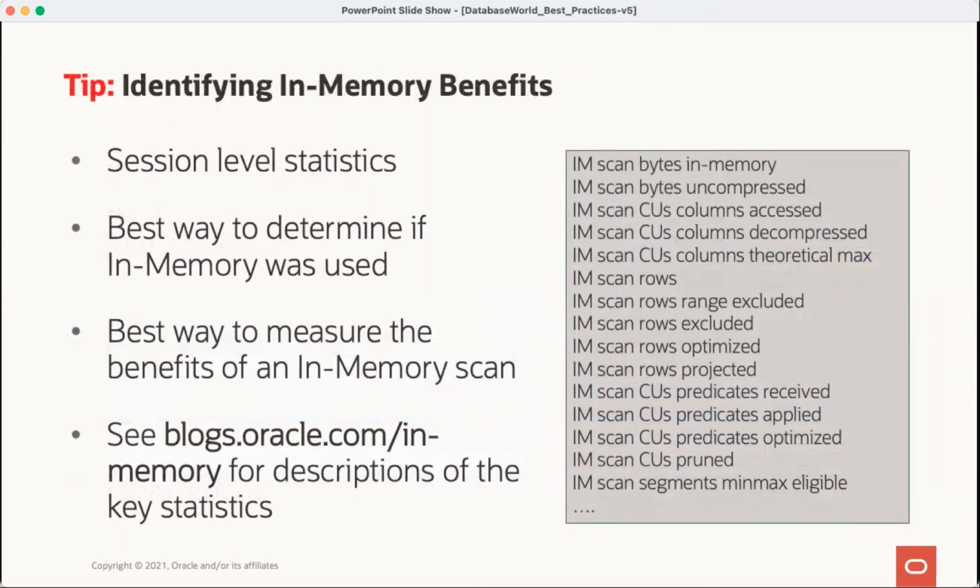In addition to that, we have many statistics, both session level statistics and system level statistics, if you will, that can tell you not only during your query how much work was done in memory, whether during the scan, how many rows might have been projected so that we didn't have to bring all the rows back.